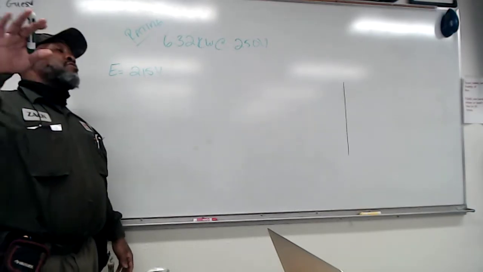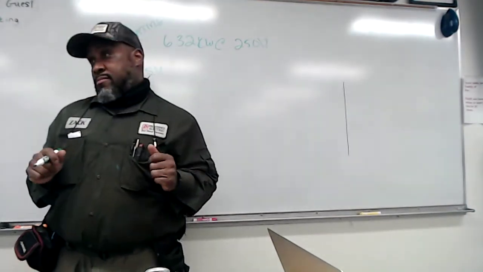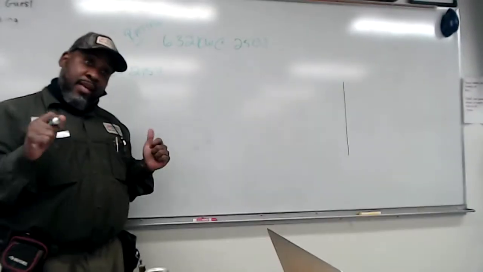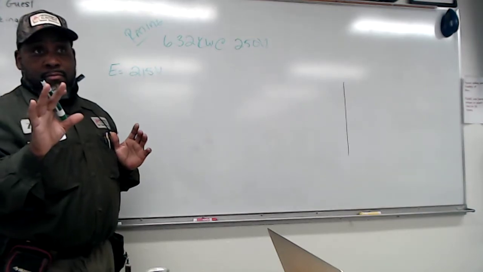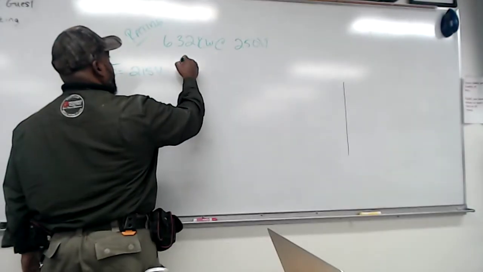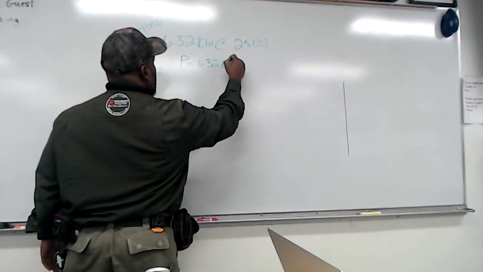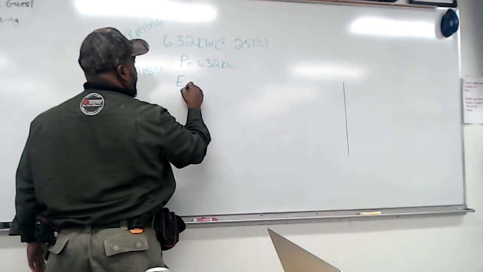First thing I want you to do, every time you solve a problem, write down what you have. So what do I have? I have P. What else do I have? That's the rated voltage.